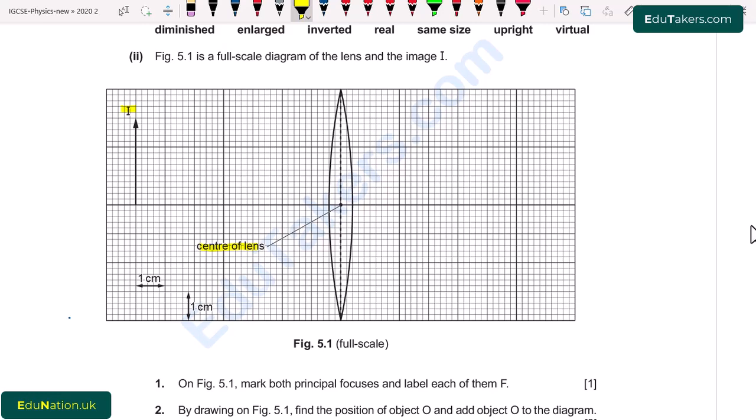We know that the magnifying glass forms an image that is larger. First of all, we have to draw the diagram for this magnifying glass, and then we tell which kind of image is formed by it. So let's move to the other part, then at the end we do this part.